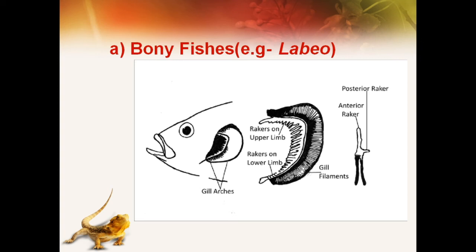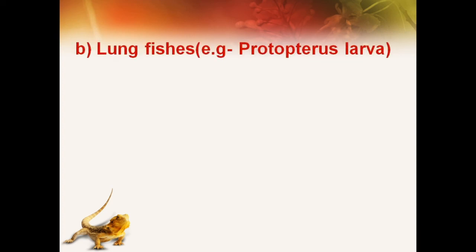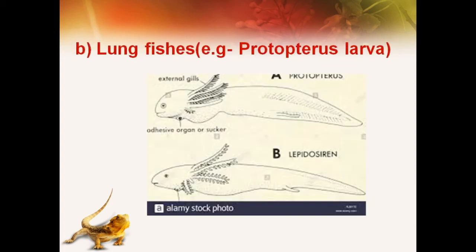Now we will go through the gills of lungfishes. For example, Protopterus larva. In the case of lungfishes, the larval form bears temporary bushy and vascular external gill filaments. Here you can see this is the Protopterus larva and this is the Lepidosiren larva.